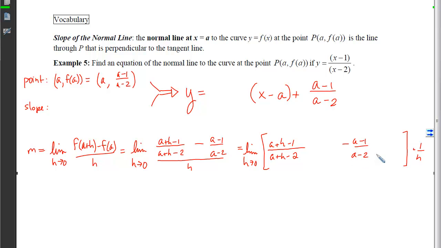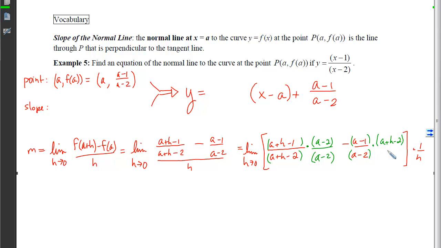I left some space here because I'm going to make smart choices for 1 that will create a common denominator. So this particular fraction is missing the factor a minus 2. So I'm going to multiply by an a minus 2 on both the top and bottom. Over here, I'm going to multiply by this factor because this is the one that is missing.